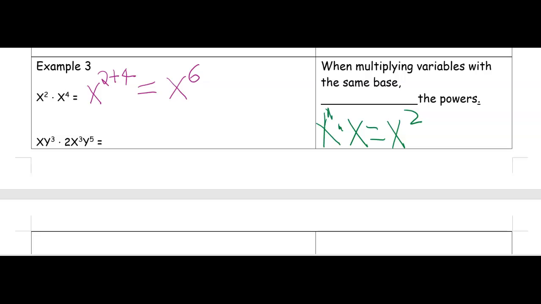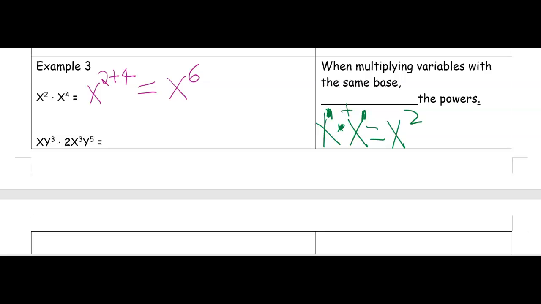This is x to the power of imaginary 1, x to the power of imaginary 1, and add up the powers. 1 plus 1 is to the power of 2. If you do multiplication, 1 times 1 is still 1, which is wrong, right? So if you're doing multiplication, you add up the powers, add up the heads. Okay? And let's look at the second little problem.